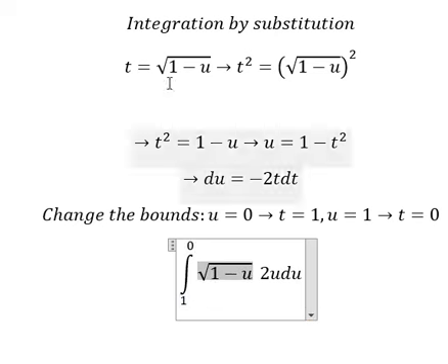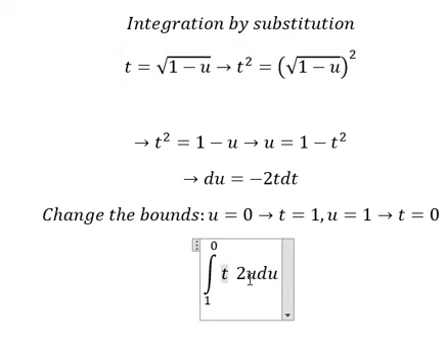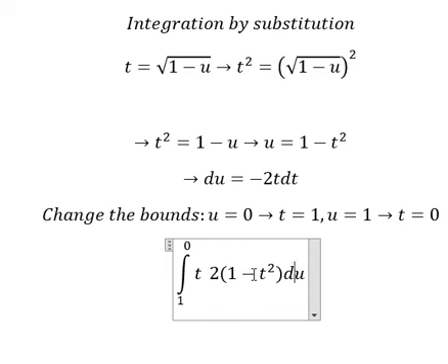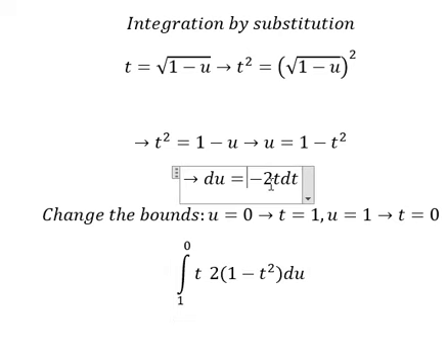The square root, that is t. u, that is this one. du, that is this one.